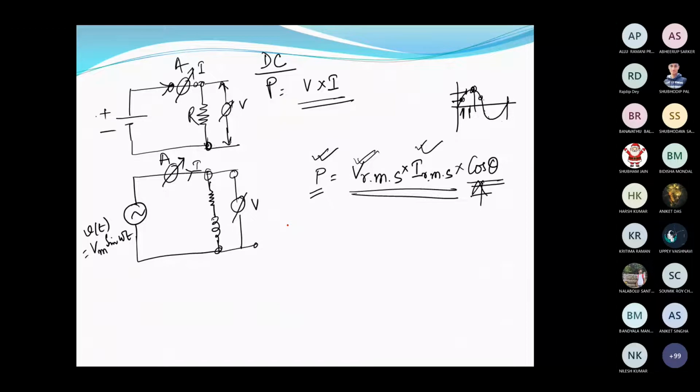Now look at this. This is an RL circuit in case of AC. You have studied resistance, but in any electrical component we may have inductance. It may be an inductor or a capacitor, those things you have learned.